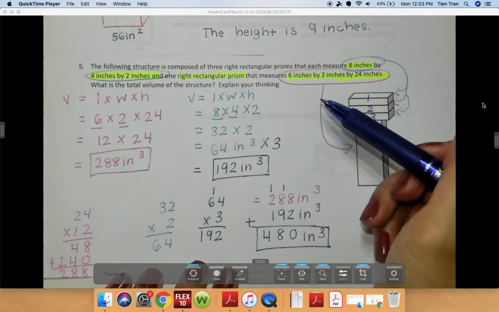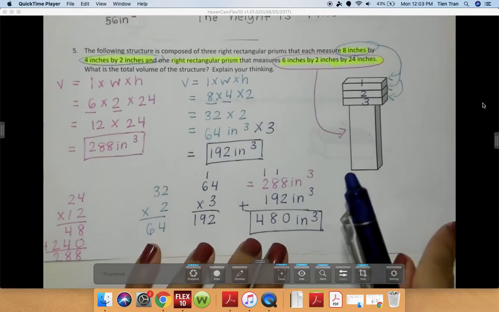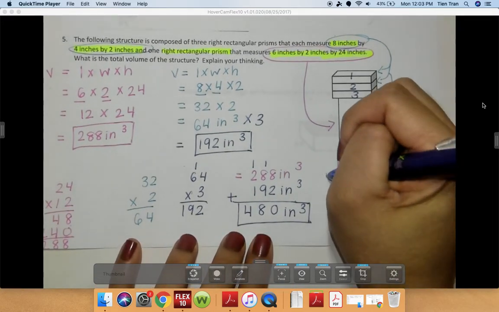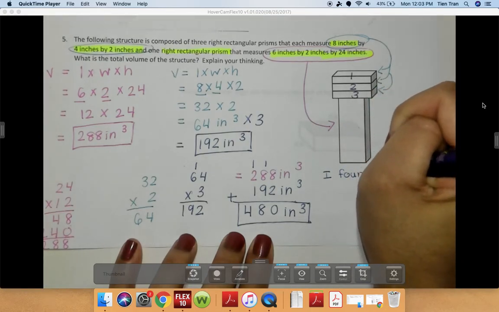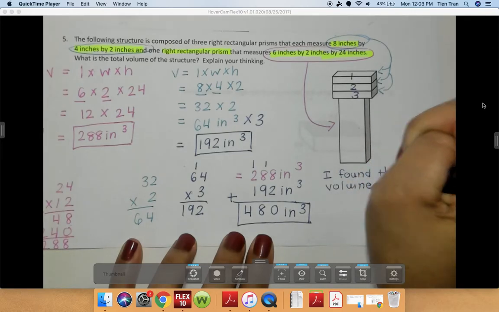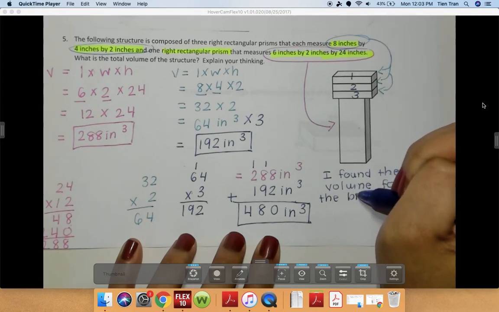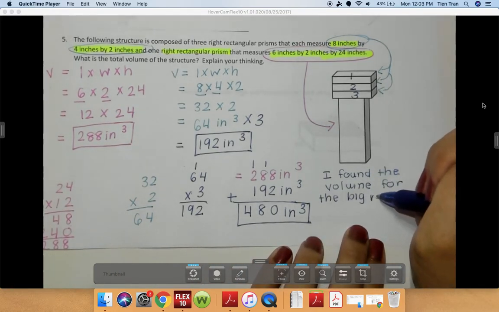Now they want me to explain my thinking. So I'm going to explain right here. I don't have a lot of room, so I'm going to write pretty small. I found the volume for the big rectangular prism.